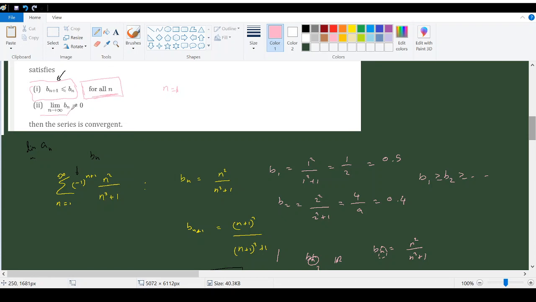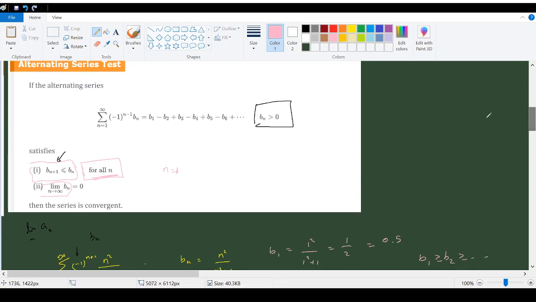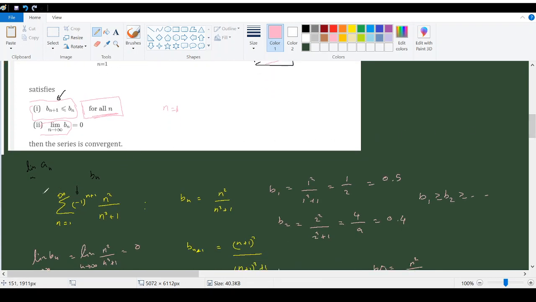And finally for this one, we can easily figure out that the limit of bn when n goes to infinity, that means the limit of n squared over n cube plus 1, is equal to 0, right? So both these conditions are satisfied and it is an alternating series with bn greater than 0. So from the alternating series test we can say that this series converges. And we will do one more application in the next video.